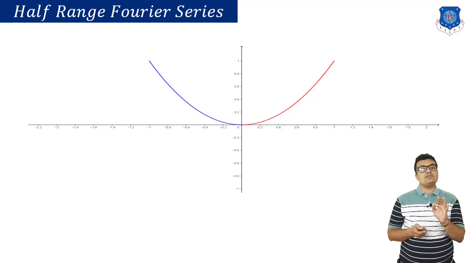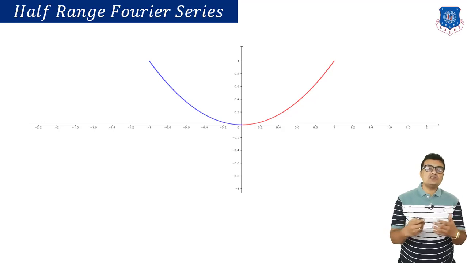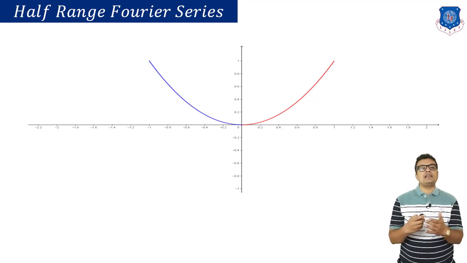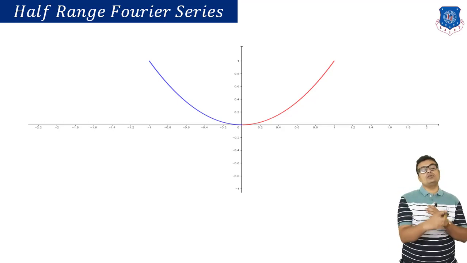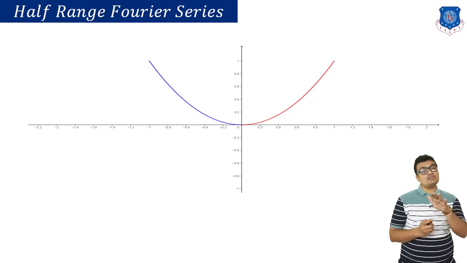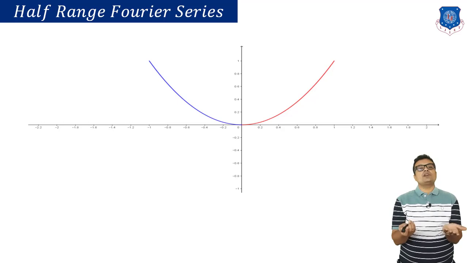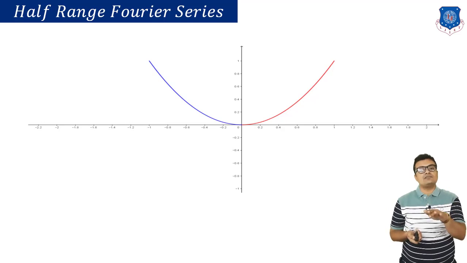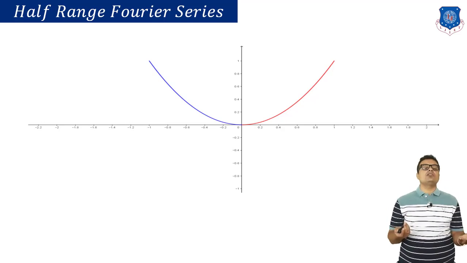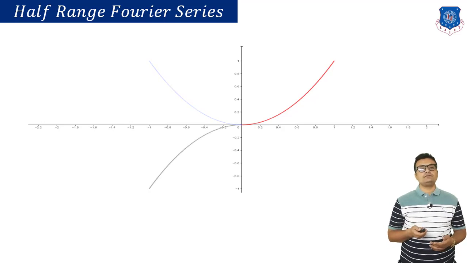The blue part over here is an imaginary part, it is our imagination that it is happening in minus 1 to 0 in such a way that the overall graph will look like a parabola. So this is the first extension. Now you can find the even series representation for the minus 1 to 1 range. And then if you take x equal to 0 to 1, it will give you the answer for your required function in the given range 0 to 1.